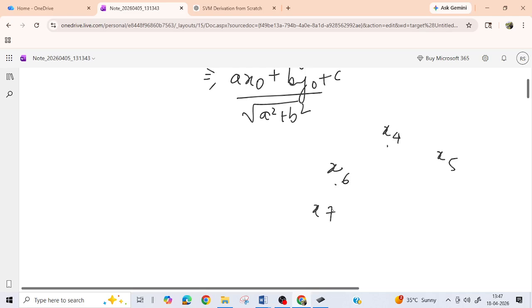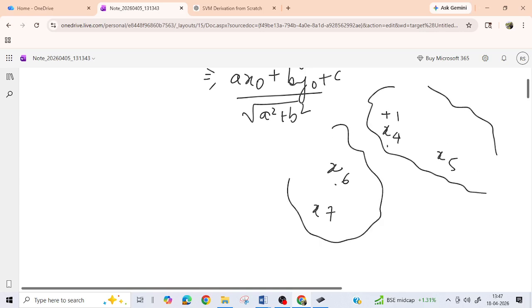In support vector machine, first of all, understand what the support vectors are. Support vectors are those points which are at the boundary of classification, or the decision. Let's say all the points in this particular region are +1, and all the points in this specific region are -1.